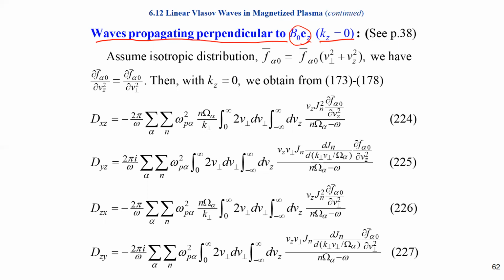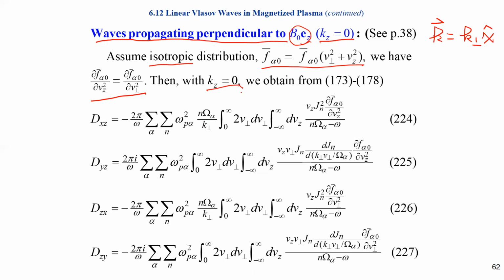Now let's consider another case. Here, K is K perpendicular, and it can be in the X direction or Y direction. But anyway, let's assume an isotropic distribution here. Then we have these relations because they are the same.